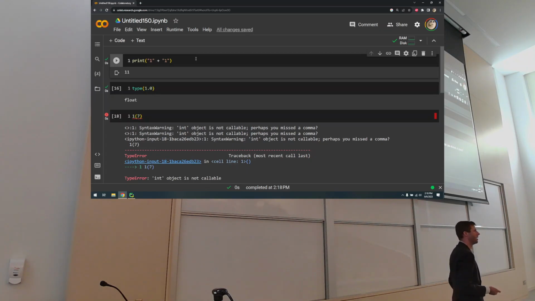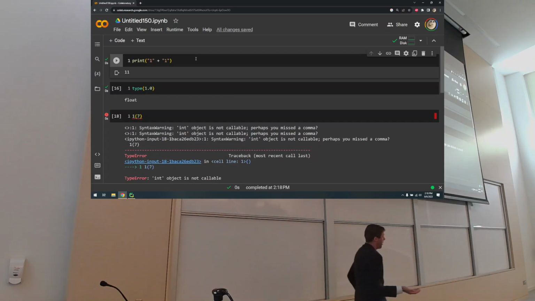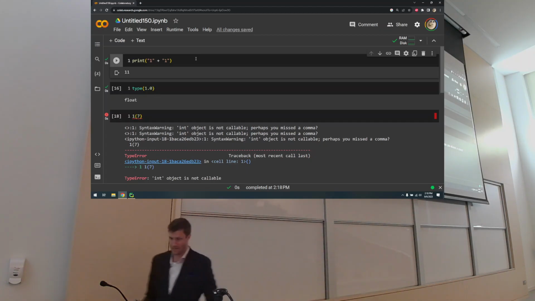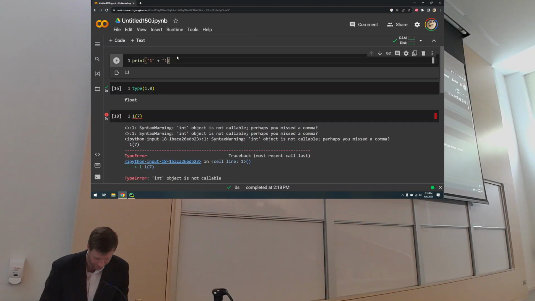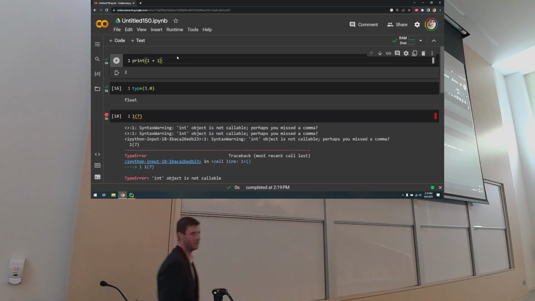And it did. But is that really what I wanted? Maybe. But if I was expecting this to be adding 2 integers together, like this, I'm going to be confused. Because, well, 11 ain't 2, right?